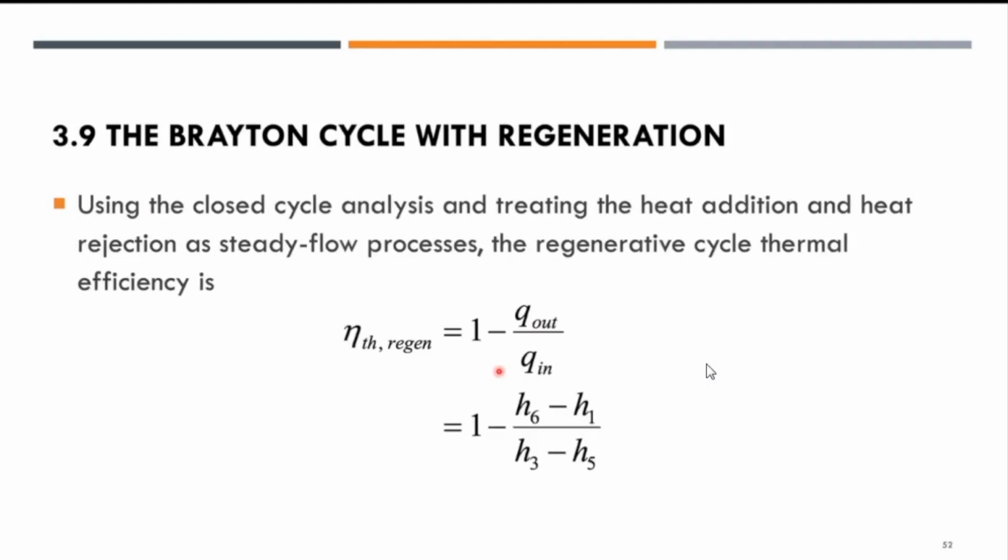So using the closed cycle analysis and treating the heat addition and heat rejection as steady flow processes, the regenerative cycle thermal efficiency can be rewritten as follows. So we want to write the expression of Q out. Q out is h6 minus h1, and Q in is h3 minus h5.